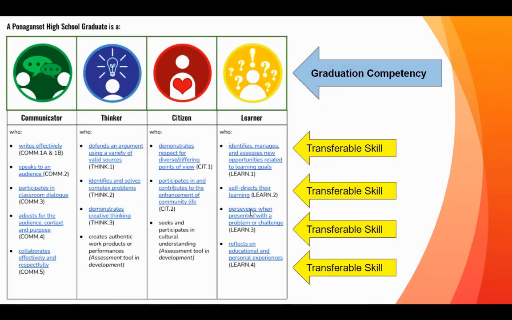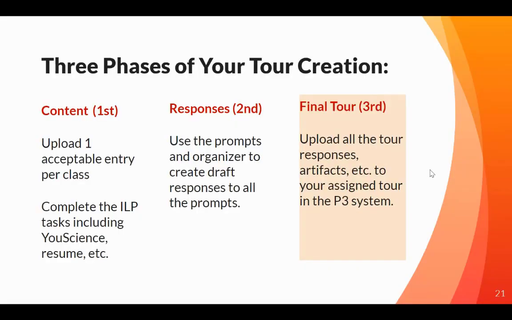Underneath the badges, we have the transferable skills. In this case, there are 4 under learner. We use shorthand like think 1, think 2, think 3, or thinker 1, 2, 3. That's the shorthand that we use, and you can use those phrases as well as you answer your prompt questions.